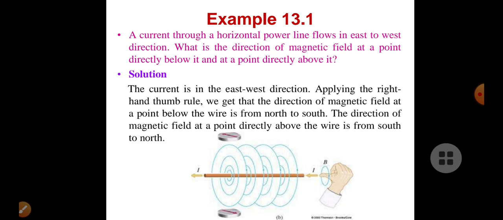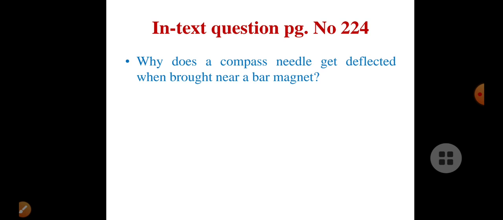You have to experience this activity yourself at your home. Only then will you be able to find the directions of magnetic field, because in future we will be doing a lot of practice of other questions, and that will be possible only if you experience these rules yourself and practice them.